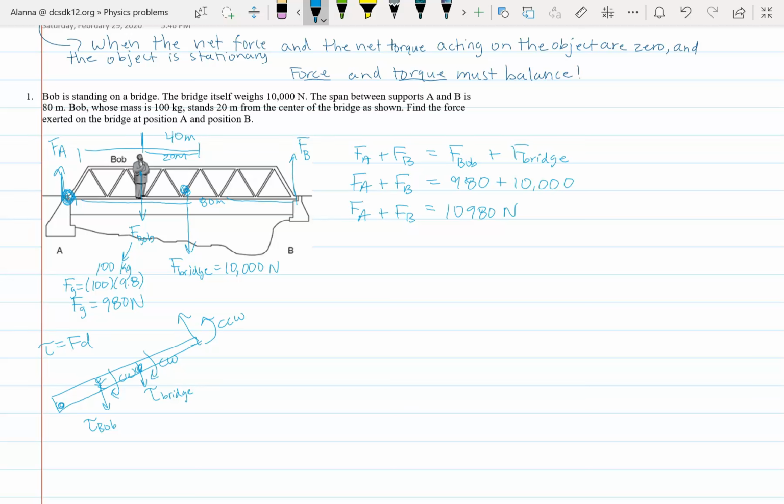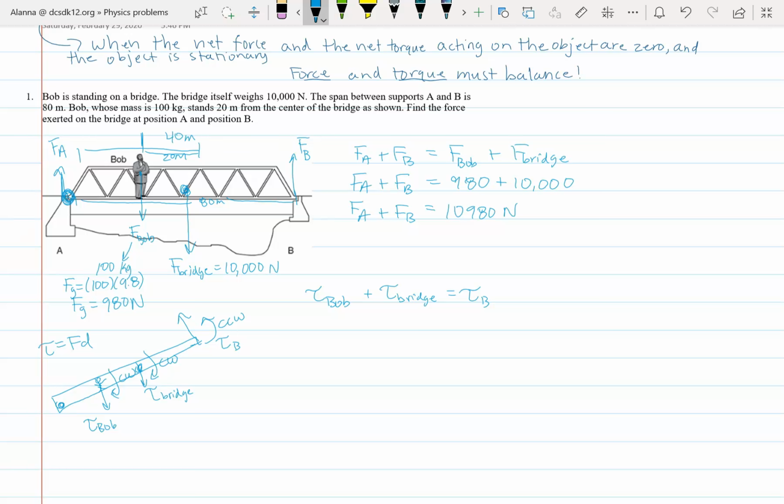So for this bridge to be in static equilibrium, in other words, in order for it to not rotate, we need the clockwise torques to add up and equal the counterclockwise torque. So we need tau Bob plus tau bridge to equal tau B. Lots of B's here, so I'm writing out these full names so that we don't get confused.